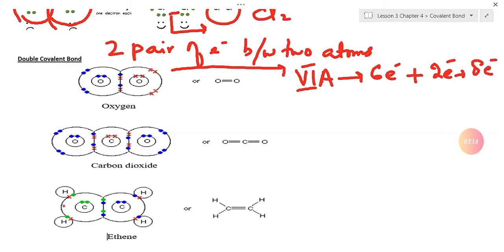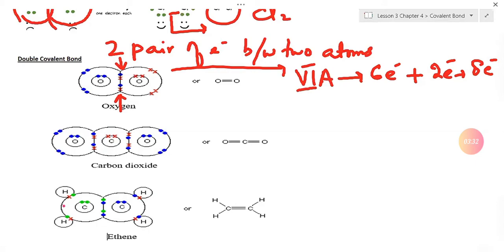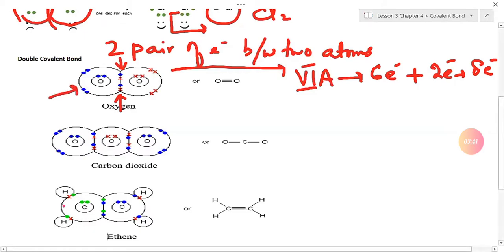So to gain these 2 electrons, each oxygen atom will preferably go for sharing among themselves. So the sharing of electrons will take place, the last shells will overlap with one another, and 2 pairs of electrons will be shared between 2 oxygen atoms. After sharing, you can count that the octet of each oxygen has been completed in the last shell.